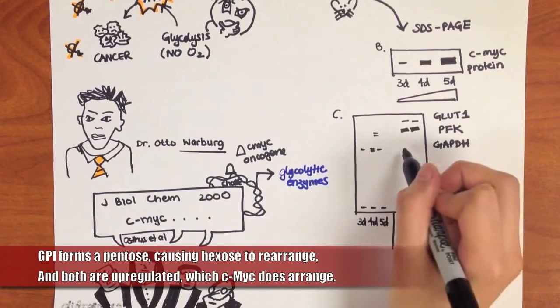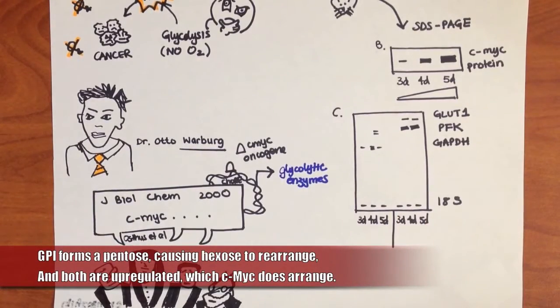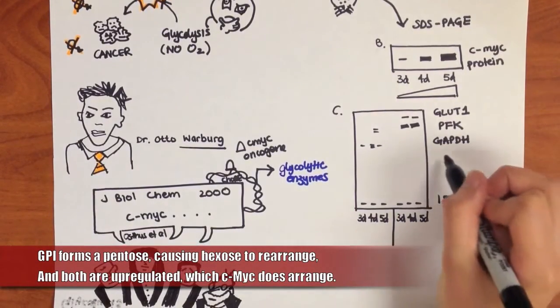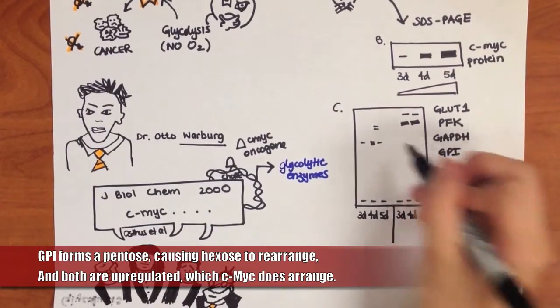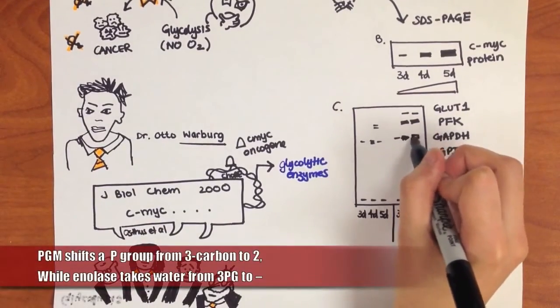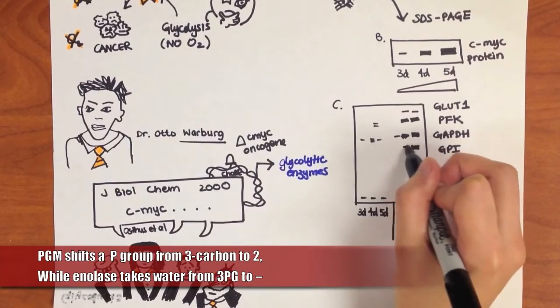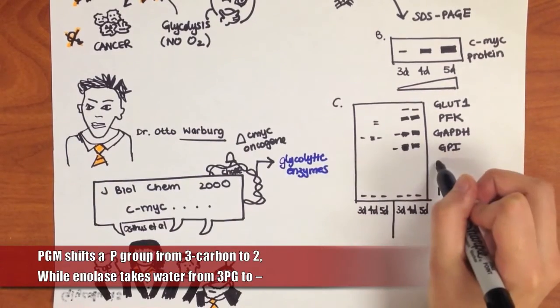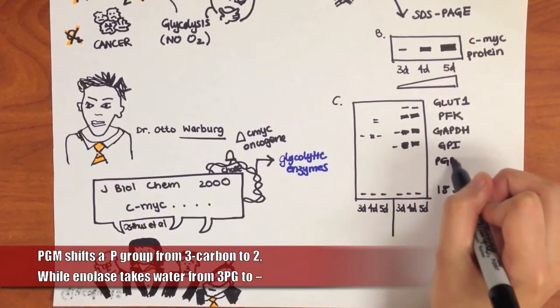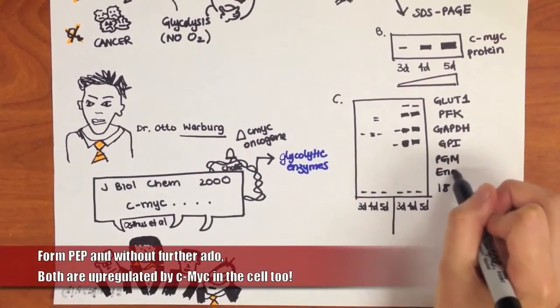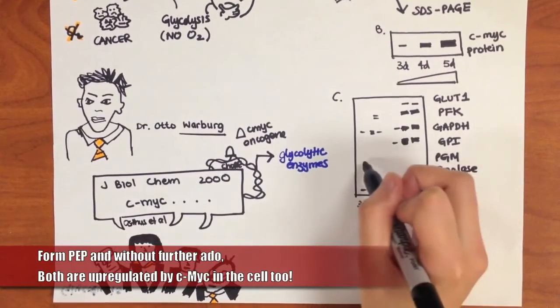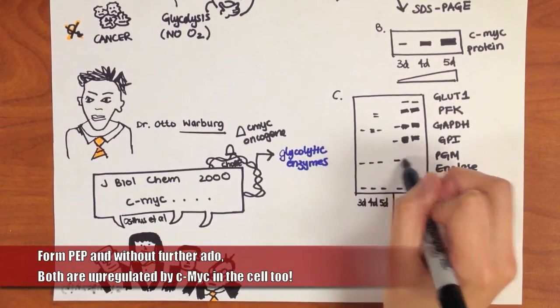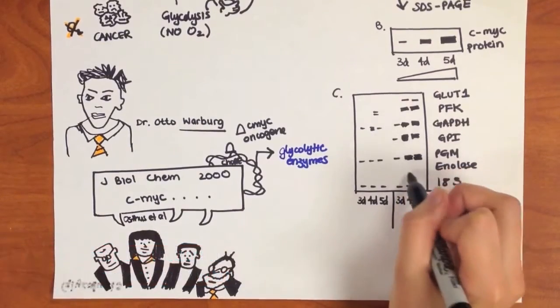GPI forms a pentose, causing hexose to rearrange, and both are upregulated when c-Myc does arrange. PGM shifts a P group from 3-carbon to 2, while enolase takes water from 2-PG to form PEP, and without further ado, both are upregulated by c-Myc in the cell too.